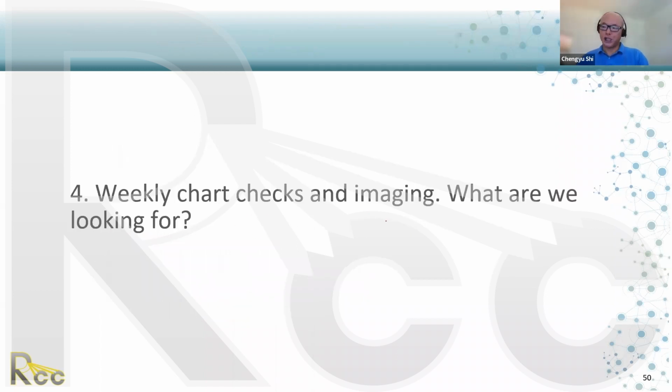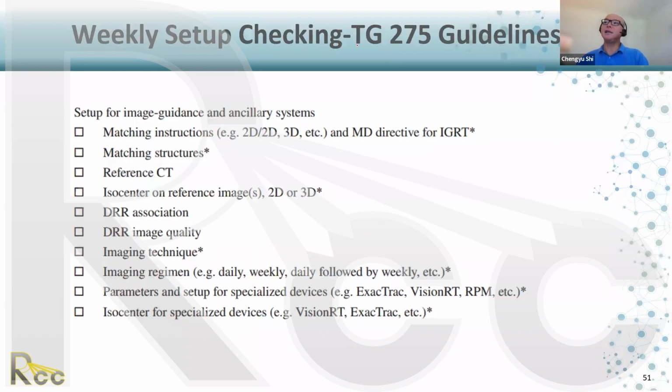And the weekly chart check and the imaging. What are we looking for? So here's the TG/AAPM 275 guideline. We check a lot of things. Sometimes we couldn't even remember what we are supposed to check. So you check the image fusion again, according to the MD directive, or even more, okay?